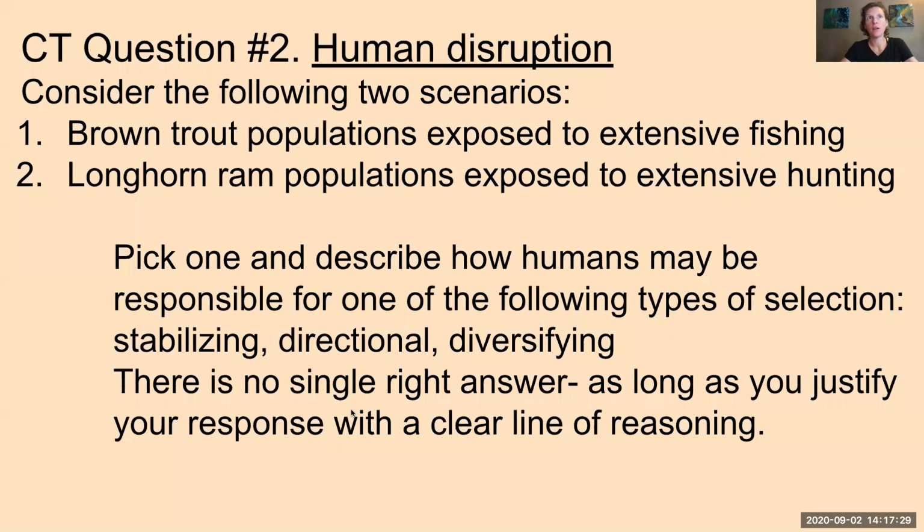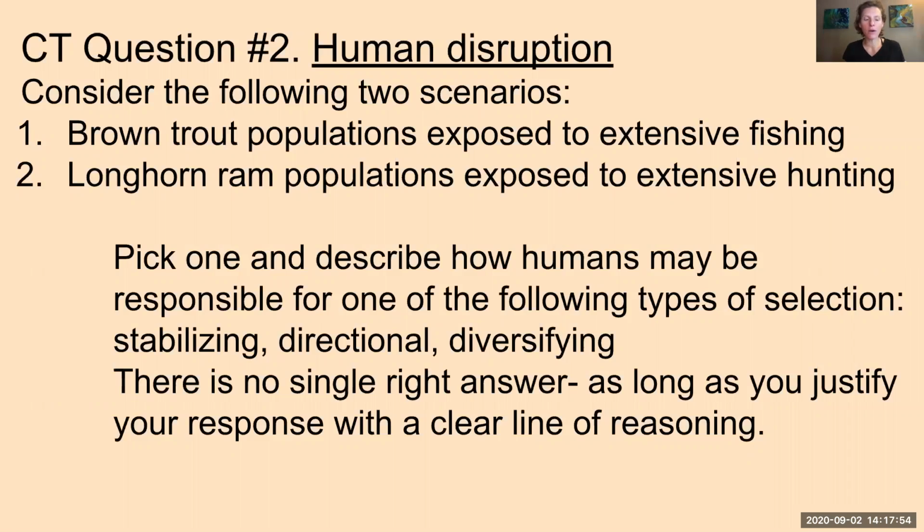Okay. So the critical thinking question associated with this is looking at populations. You pick one of these populations. The first one is brown trout. Brown trout populations that are exposed to extensive fishing by humans. What effect would that have on that original population?